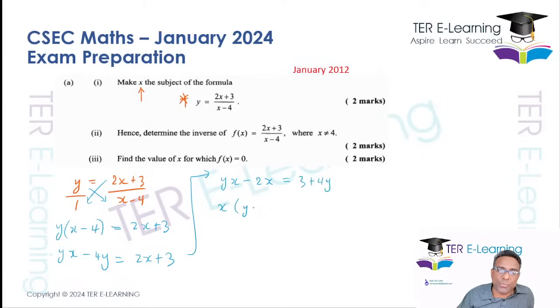So this is going to be x times y minus 2 is equal to 3 plus 4y. So therefore, x is equal to 3 plus 4y over y minus 2. Right? So what we've actually done here, guys, is worked out the inverse of this function. That's what we did.